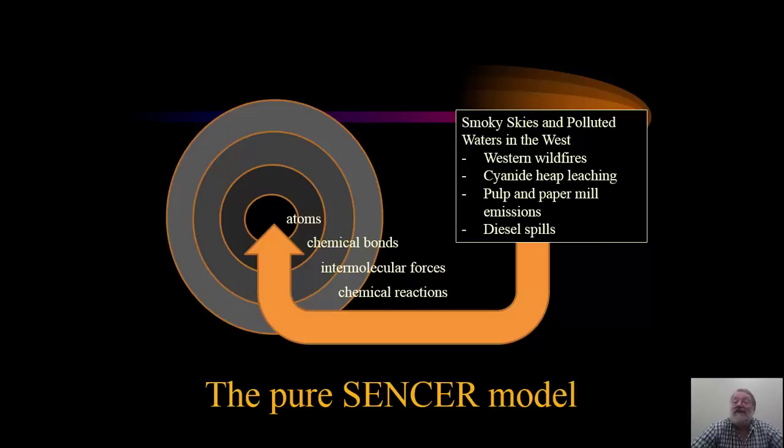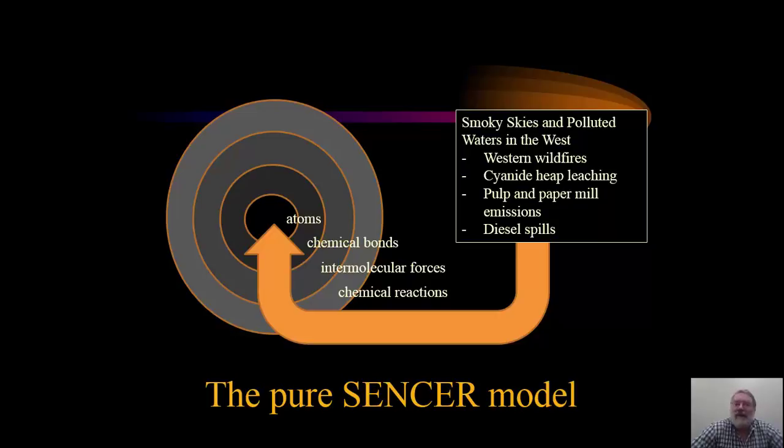If this were the title of my course, we'd talk about western wildfires, cyanide heap leaching, which is a way to process gold ores, pulp and paper mill emissions, and diesel spills. And as we talked about these different topics in the pure SENCER approach, we would uncover the content as opposed to discover the content.